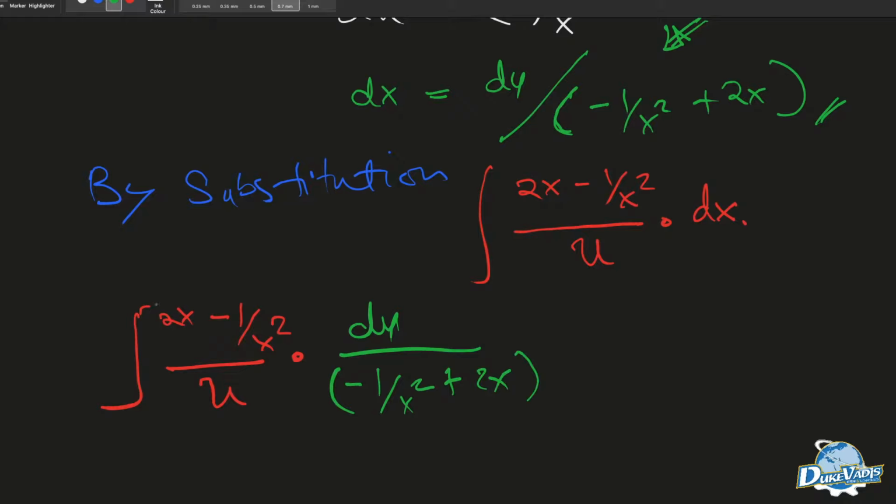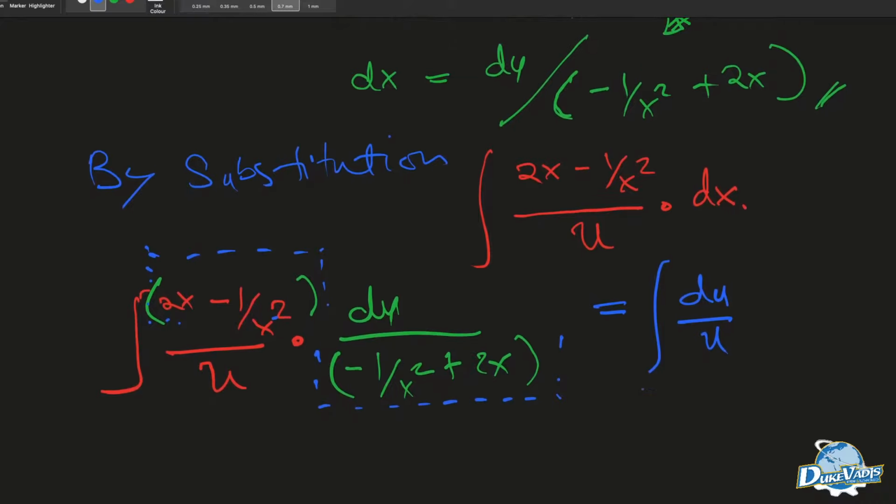So this and that will cancel, as you can see. This and that will go. So we'll be left with the integral of du over u.